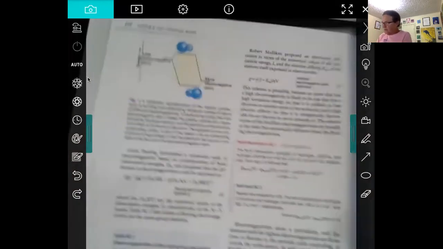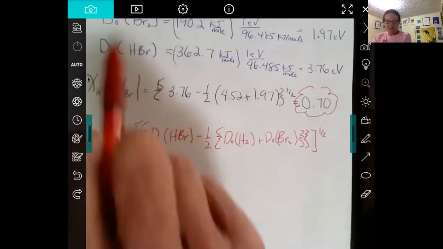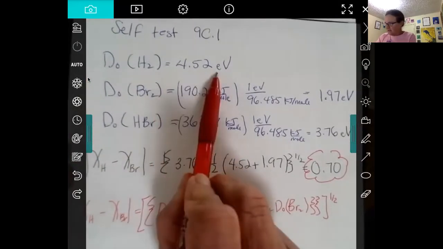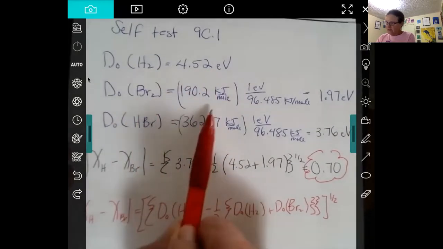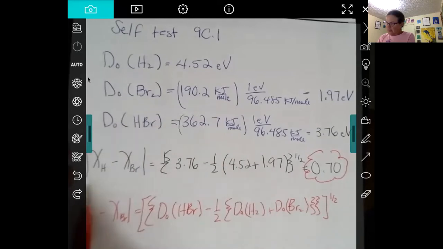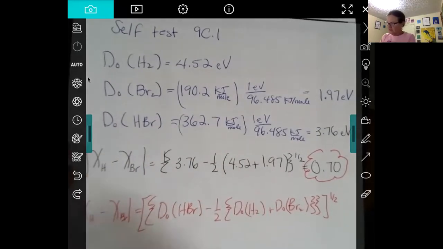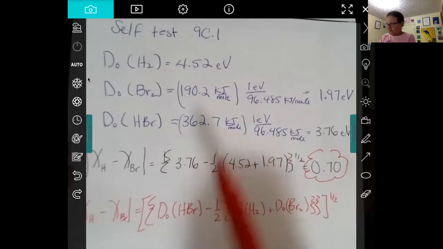So when we do that calculation, they give us the dissociation energy for the hydrogen diatomic in electron volts. They give it to us for bromine and HBr in kilojoules per mole. But this equation and the units of electronegativity are given in electron volts. So we'll convert each of these to electron volts.